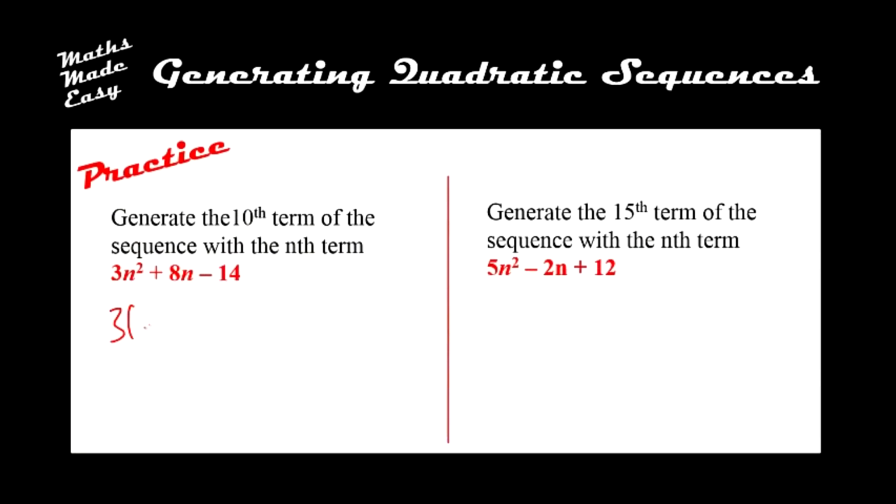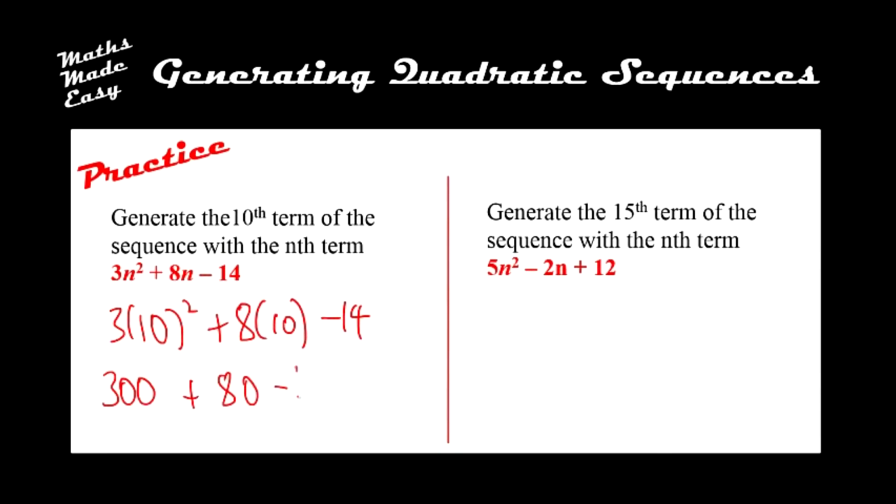So for this first one, you should do 3 lots of 10 squared plus 8 lots of 10, subtract 14, and 10 squared is 100, times that by 3 is 300, plus 80, and then take 14, and all of that comes to 366. And for this one, we've got 5 lots of 15 squared minus 2 lots of 15 plus 12.